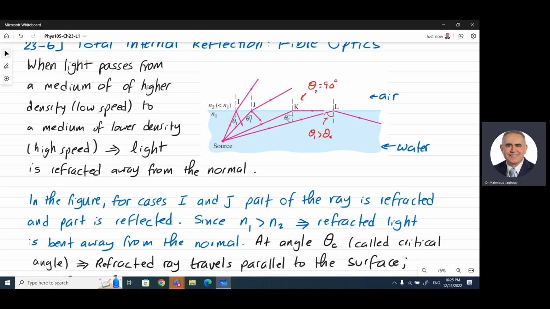Over here, all the incident energy will be reflected back into the same medium. You know that light carries energy. Nothing will be transmitted, all will be reflected. So this signal has the same strength as this signal. I lost nothing. Okay?